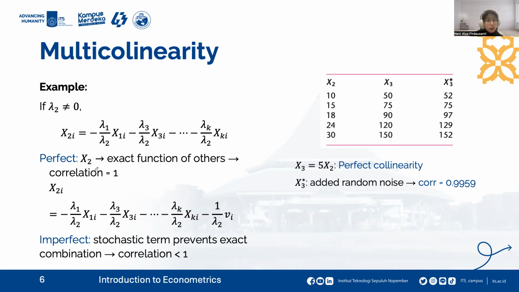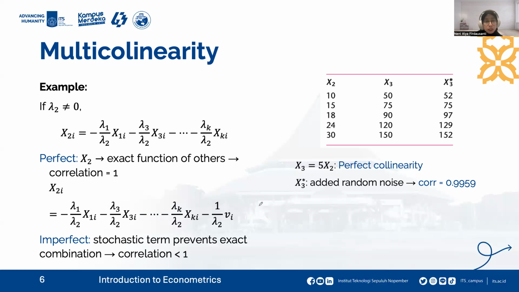So perfect means that x2 will be an exact function of the others, which means that they have a correlation coefficient equal to 1.